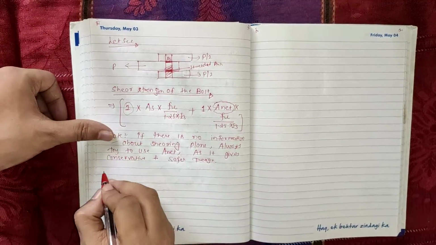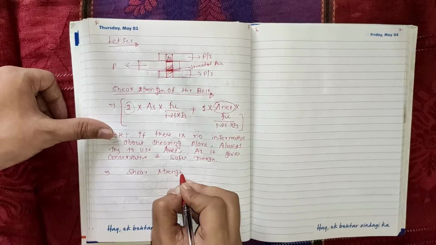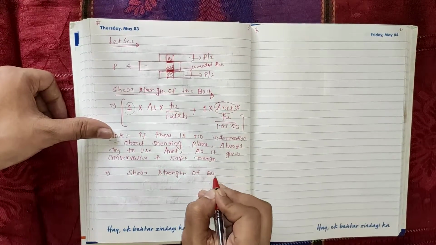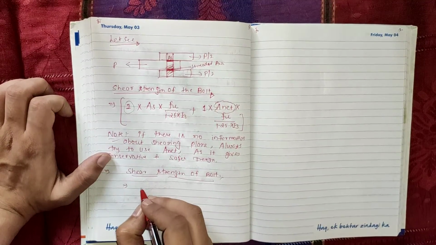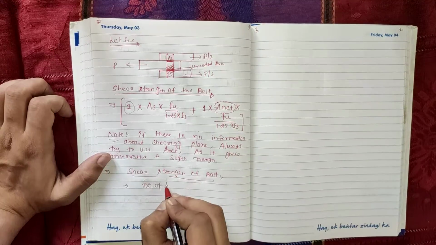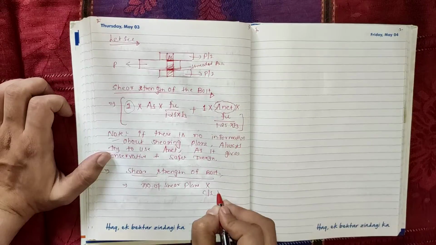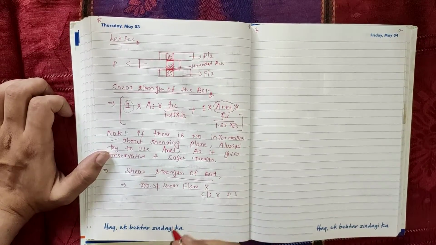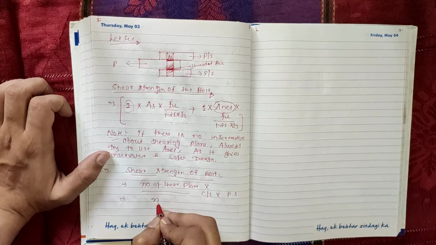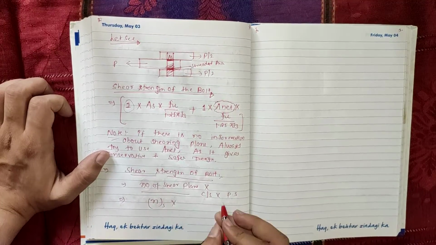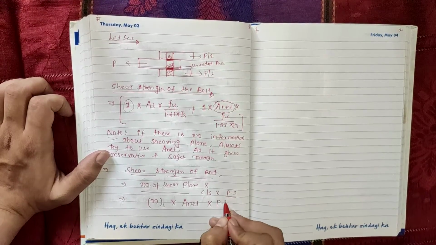Is it clear? So final shear strength of bolt is number of shear plane into cross sectional area into permissible stress. So this is number of shear plane into area of cross section, always area net, and this is PS, permissible stress, always.